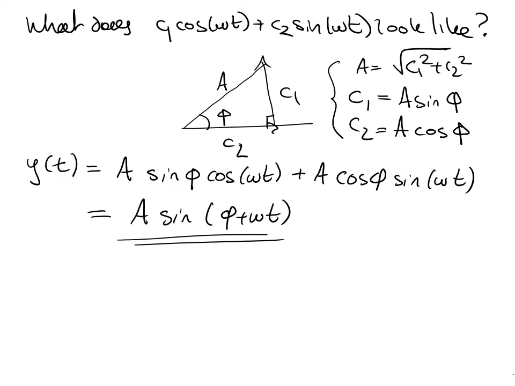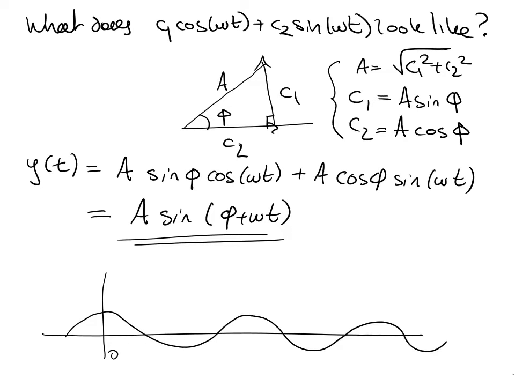And so the answer is that a linear combination of a cosine and a sine actually just looks like a shifted sine wave. Sine omega t is going to be 0 at 0, but if I add this angle phi, I just shift everything by phi. So at 0, this is going to give me sine phi. It's going to look like this, where this distance is phi.